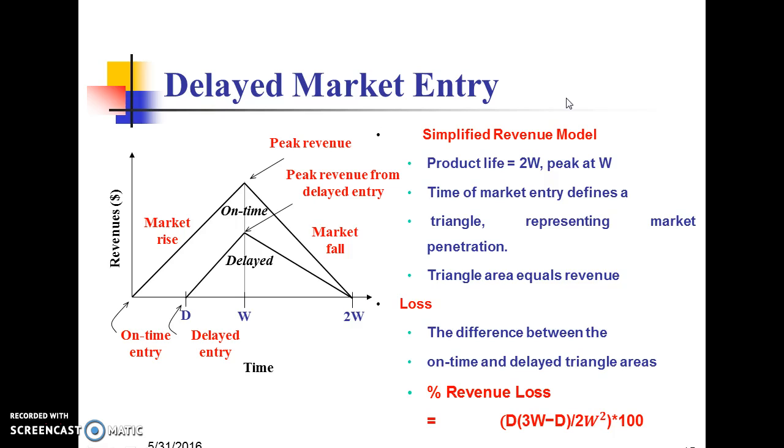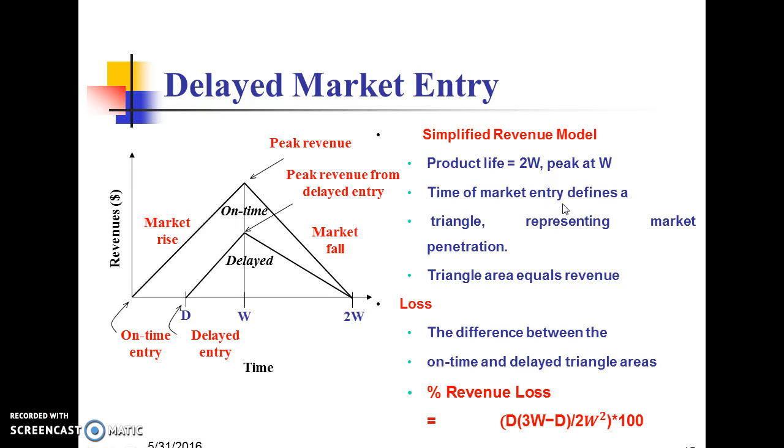Delayed market entry. This is a simplified revenue model in which product life is specified as 2W, that is 2 weeks, and peak of the sale is at the middle, W. We have two triangles: the first is the on-time entry triangle and the second is the delayed entry triangle.